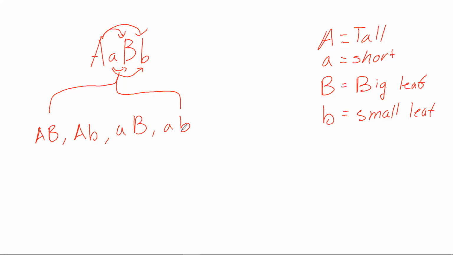So this parent will produce 4 gametes. One with capital A, capital B, one with capital A, lowercase b, one with lowercase a, capital B, and one with lowercase a, lowercase b. Does that make sense? This will be relevant in a second. I will try to make it relevant so that y'all remember this.